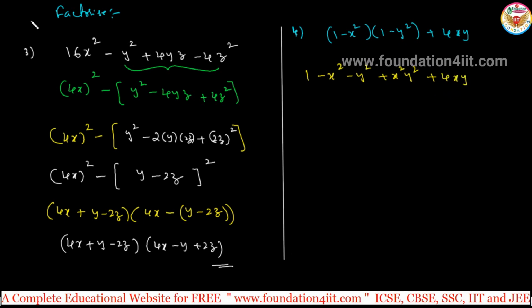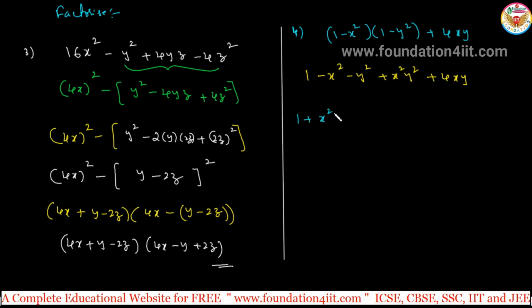Now if you apply regrouping, there is the x square y square term and the xy term, and this is 4xy. Just rechanging, I took 1 plus x square y square. We can add this xy whole square next, plus 2xy.